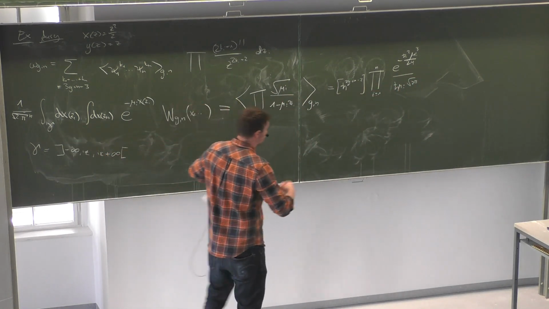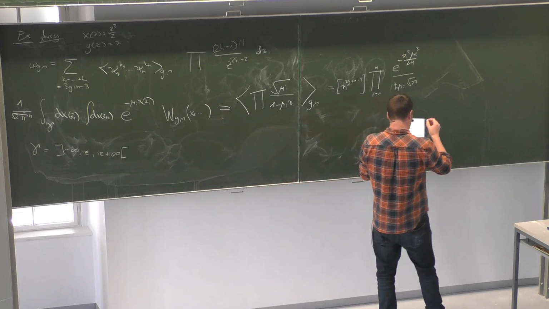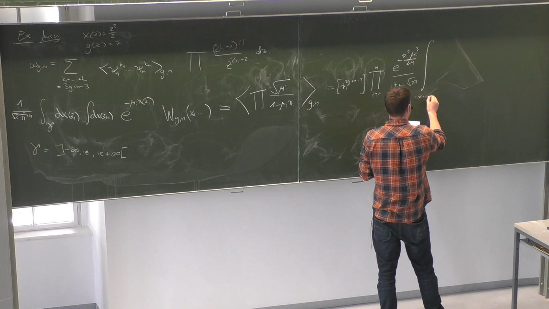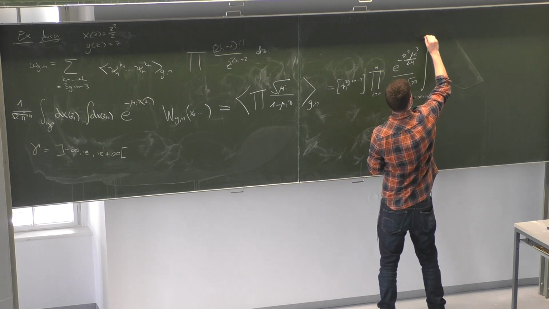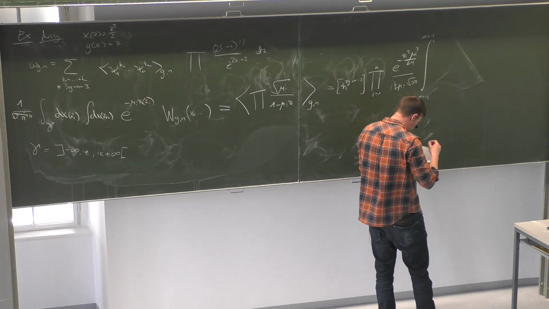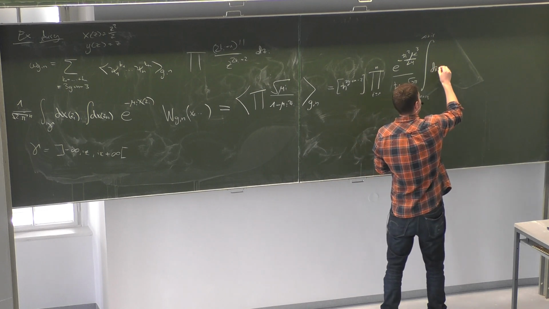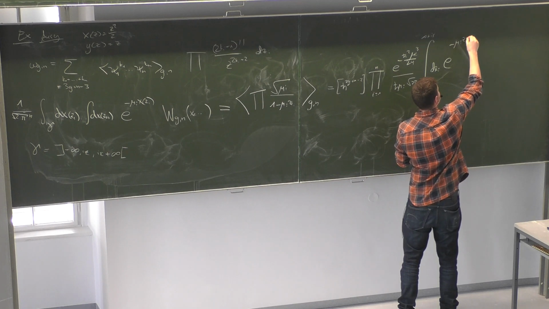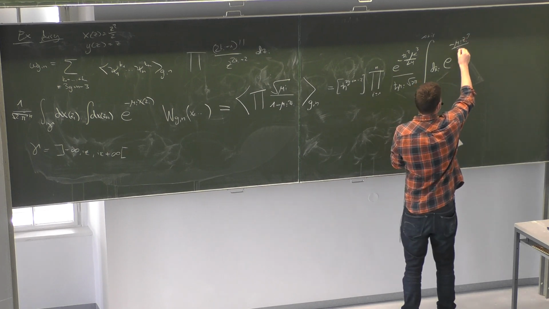This one here comes from some integral, and then we have here an integral from minus infinity plus i epsilon to plus infinity plus i epsilon dz_i e to the minus mu_i z_i squared over 2, which is just a Gaussian integral.